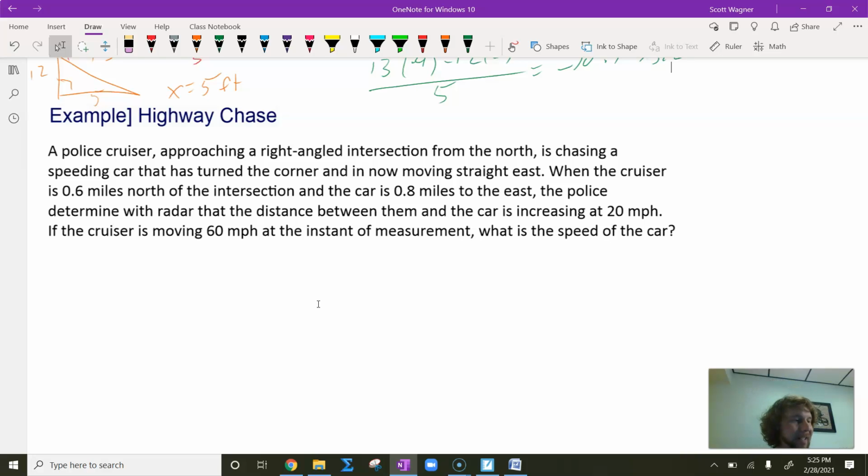All right, so a lot of things going on here. Right-angled intersection, that's the key on this one. So I'm just going to draw out a right angle right there. I know that the car is already moving east. It's already made that turn.